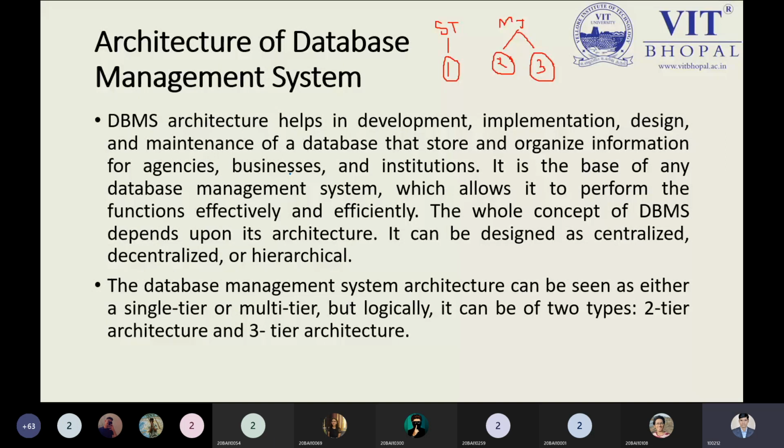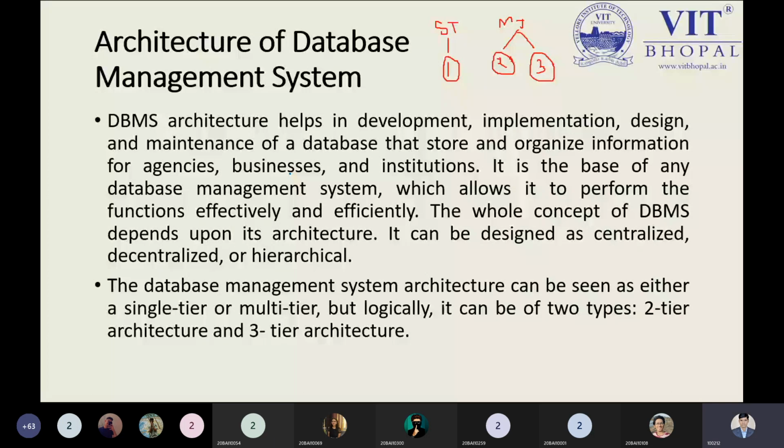So I'm using the Elmasri and Navathe database system architecture, which is a standard and most important architecture to explain the database management system. But in the case of the architecture of the database with the help of two-tier or three-tier architecture, that is a tier architecture, so we have three different ones.